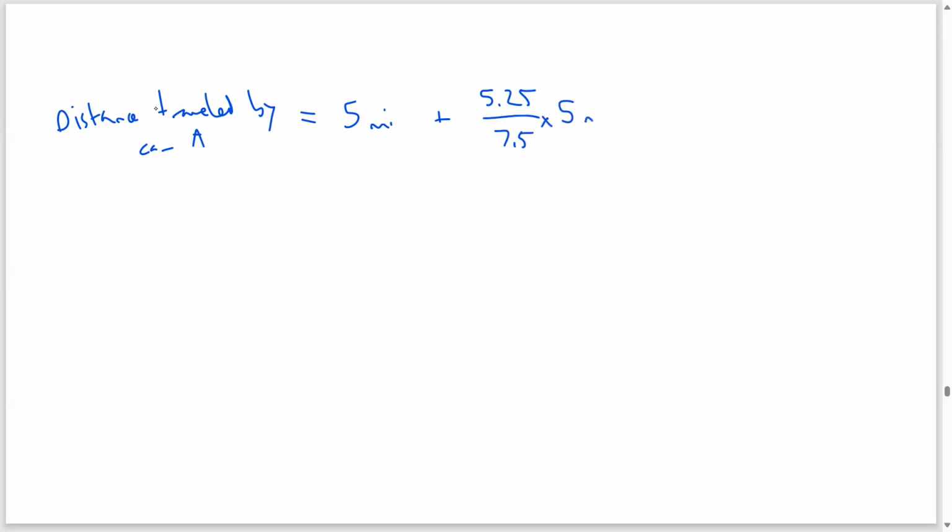So the distance traveled by the car starting from A is going to be 5 miles from the first third. And then it's going to be the ratio 5.25 over 7.5 times 5. So this is the amount of distance that the car travels because we're looking at the second third of the distance.